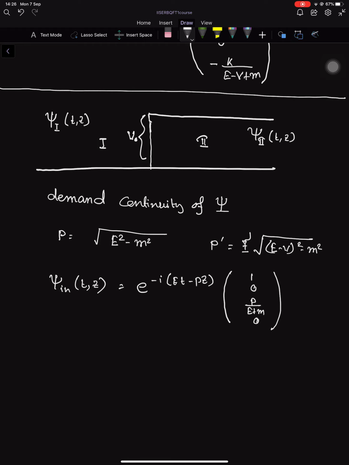In the same way you can write down the reflected wave function, but in general the reflected wave function can have both spins.